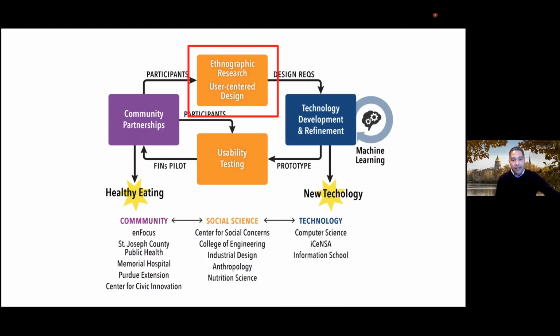As you can see, this is an iterative process, one that we're probably all pretty familiar with, where the ethnography is done up front and informs the technology development, which is then brought back to our community for feedback and testing, and then we iterate in this kind of loop. And all of this is being facilitated by our community partners who have the trusted connections to our actual community and the community participants.